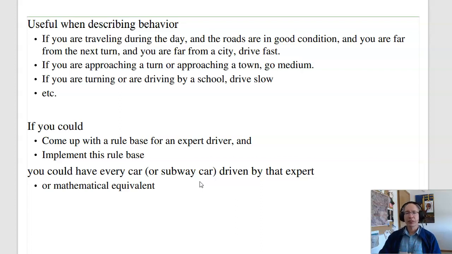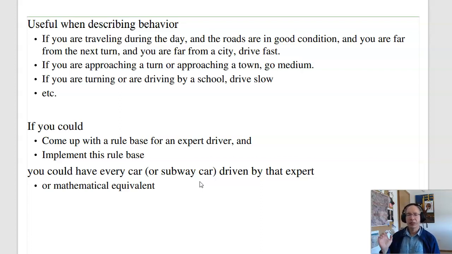What Lotfi Zadeh was looking at is, can you take a subway driver, figure out what an expert subway driver is doing, come up with a mathematical way to describe that, and then implement it? That way every subway would be driven as if it was driven by an expert subway driver. But to do that, things aren't Boolean logic. It's not either full speed forward, or fast, or slow.